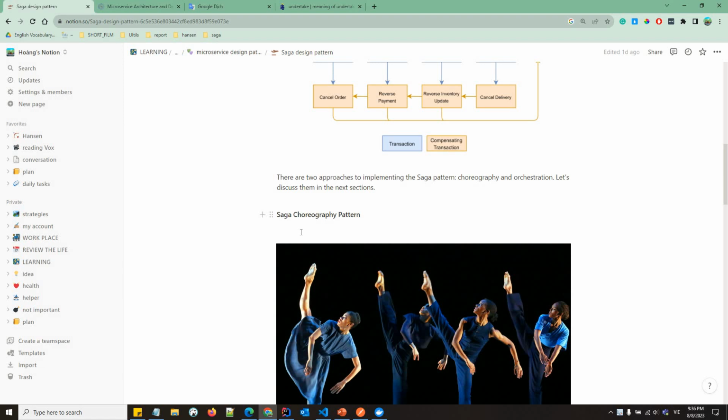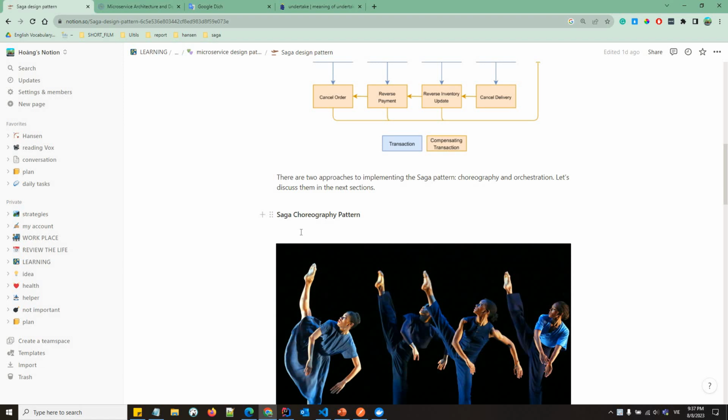With the choreography pattern, when the order is created by the user's request, it emits an event to the payment service, and when the payment service succeeds, it emits an event to the delivery service.